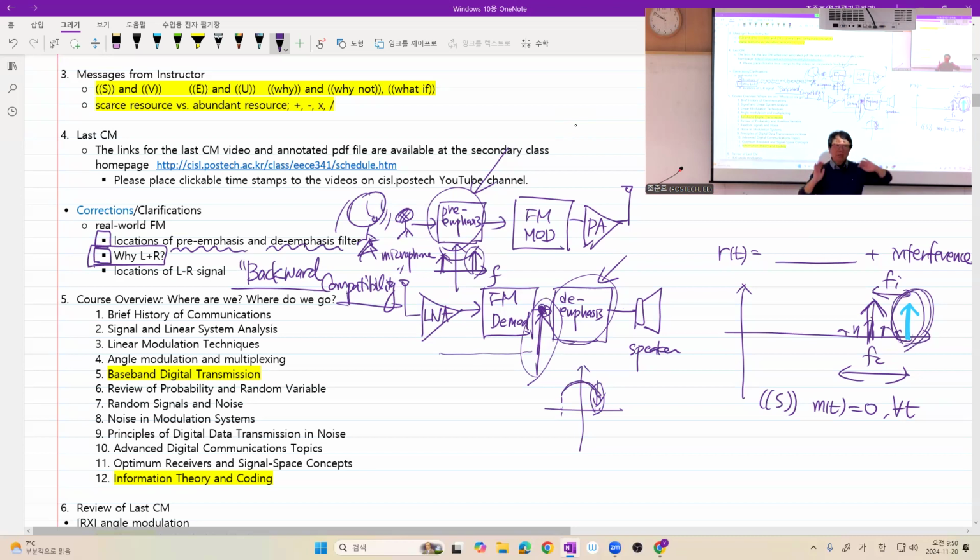Then you cannot hear any sound from the right side person. That is not good. That's why they combine, so that even though the retrieved signal is not a stereophonic sound, you have a full recovery of the right side and left side. Got it? So our textbook explains it that way.